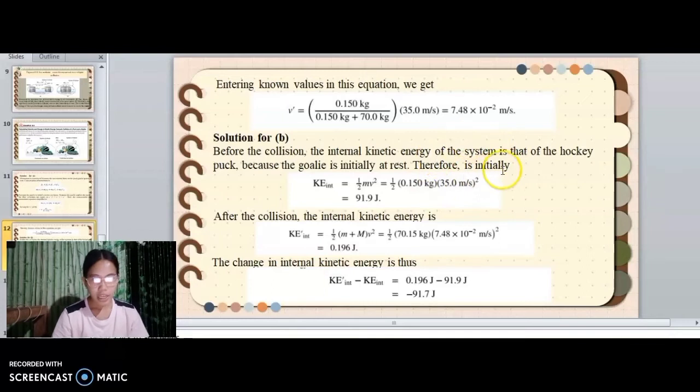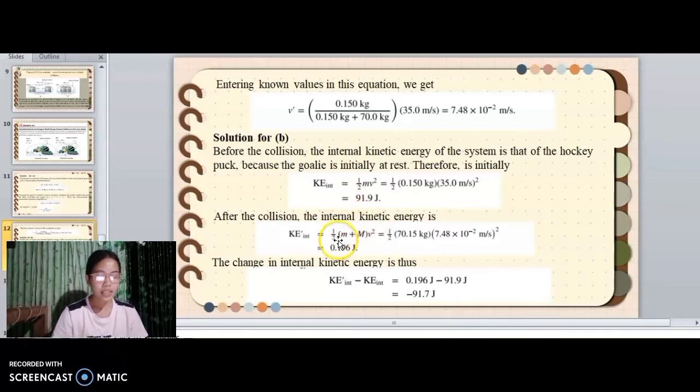So if we calculate that, we have 91.9 joules, since the unit of kinetic energy is joule. After the collision, the internal kinetic energy prime equals 1/2 m plus capital M times v squared.